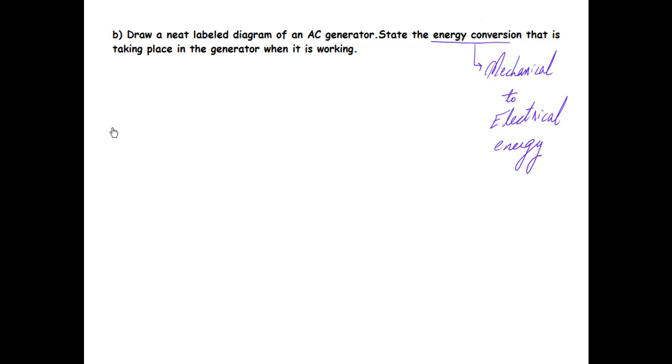Now I'll start the diagram with the field magnets, and these field magnets have concave cylindrical poles. There is a rectangular coil between the two poles, and this coil is wrapped around a soft iron core.